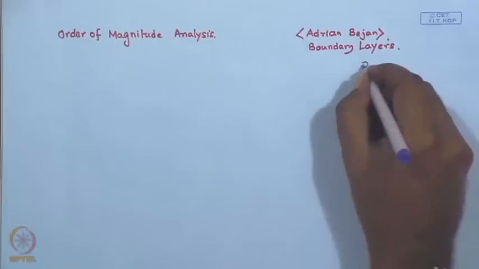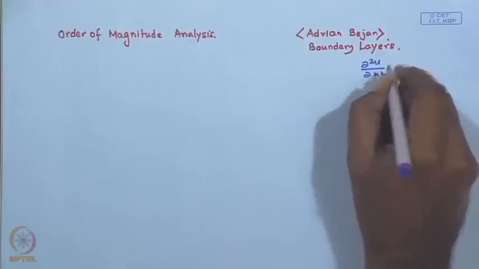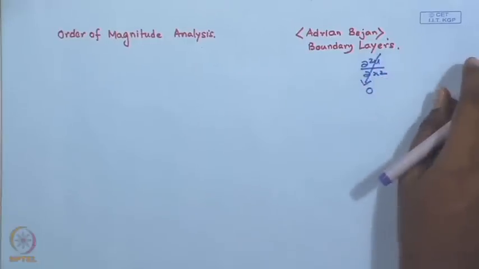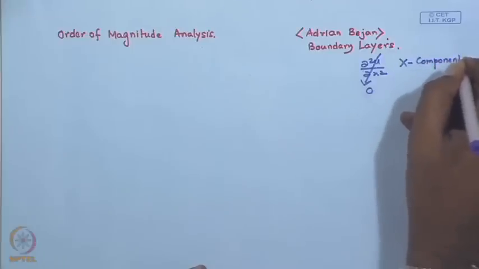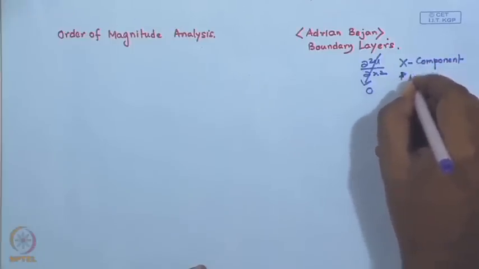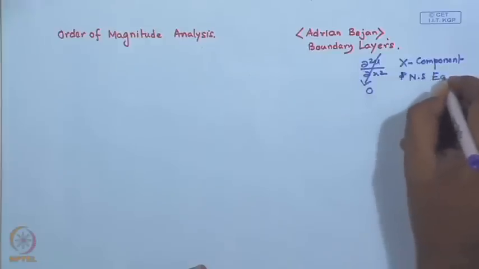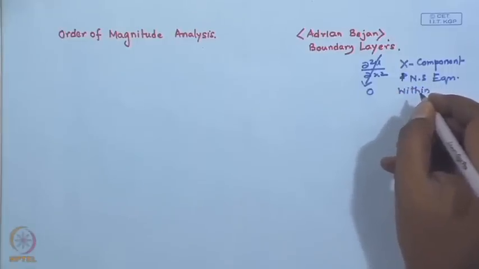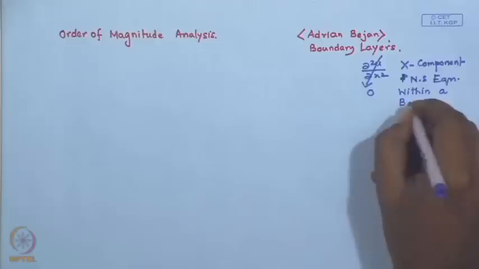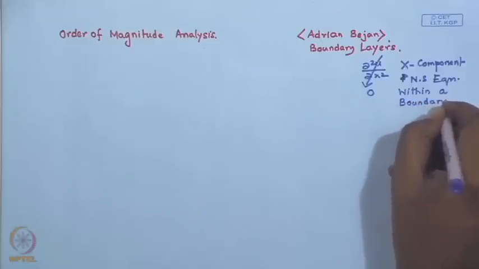Because what you regard as the boundary layer approximated Navier-Stokes equation, where if you are talking about a 2D flow, you preferentially neglect one of the terms. If you remember carefully, this term is neglected from the x component. It has nothing to do with our derivation. This term is neglected from the x component Navier-Stokes equation within a boundary layer.